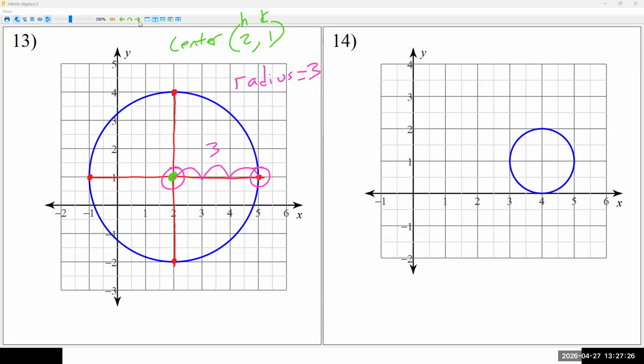And so now I can plug into my formula. I can say, okay, the center h and k, there's my r, so we have x minus 2 squared, y minus 1 squared equals my radius. Now my radius is 3. Don't write 3. You have to write our radius squared, which is 9.